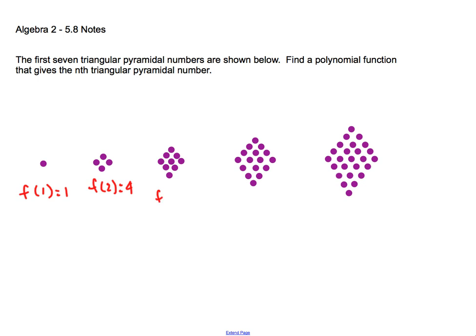F of 3, our third number, is equal to 10. And you can count these dots if you want. The fourth triangular pyramidal number is equal to 20. The fifth triangular pyramidal number is equal to 35.